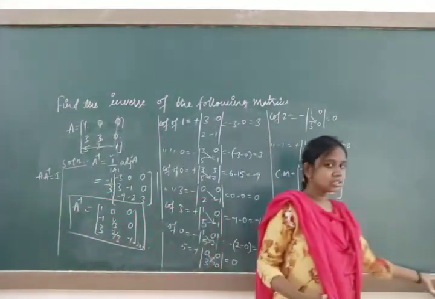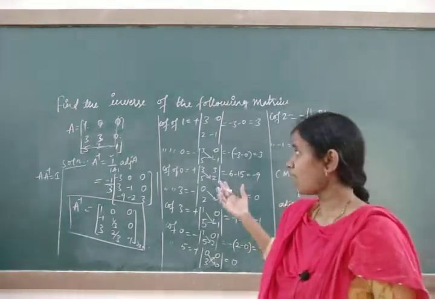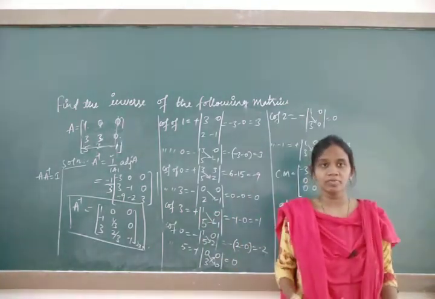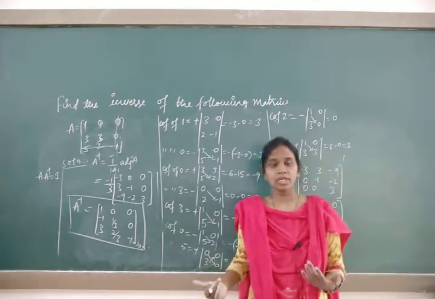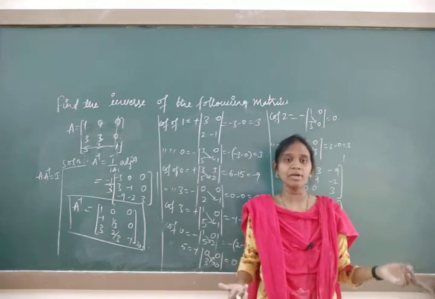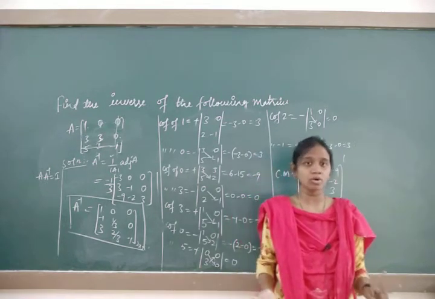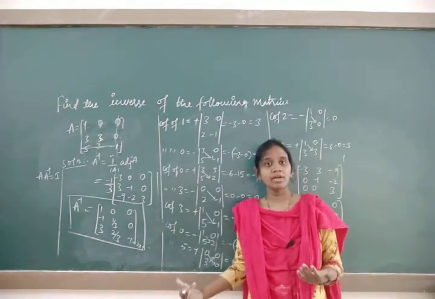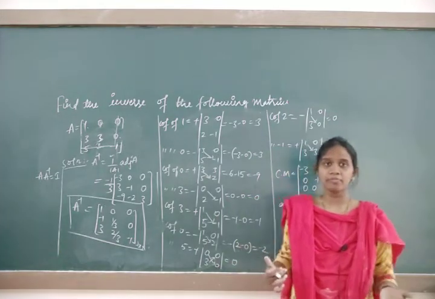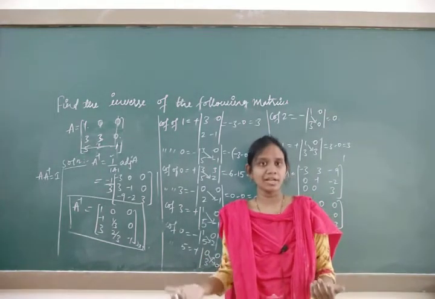But these problems are not going to be asked in your examination as a question like find the inverse of the matrix, because the inverse question will be based only on elementary row or elementary column transformation, and that too of order 2 cross 2, but not 3 cross 3. But whatever problems we have taken, they are important for solving a system of linear equations by the matrix method.